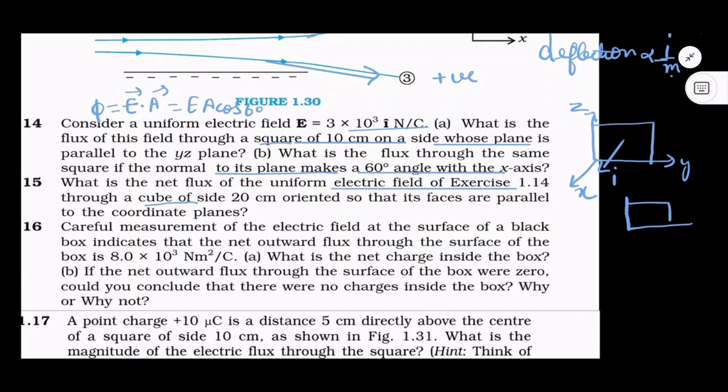If we draw the cube over here, we see that the sides are oriented so that its faces are parallel to the coordinate planes. Now we have to find the net flux. For the net flux, you can calculate the flux through each face, all 6 faces individually.